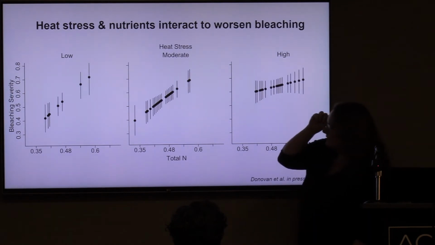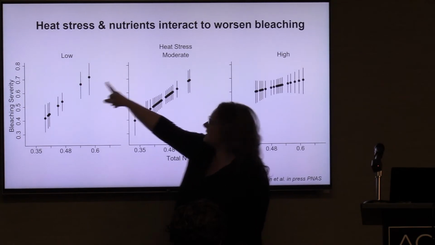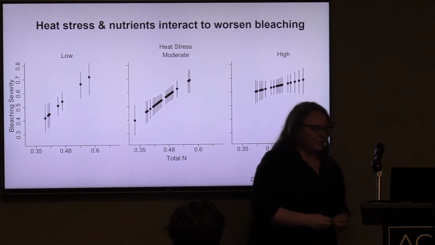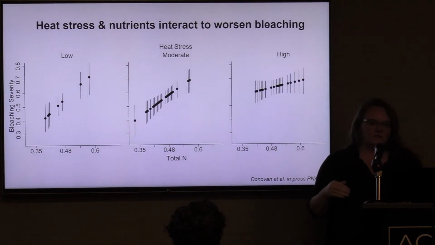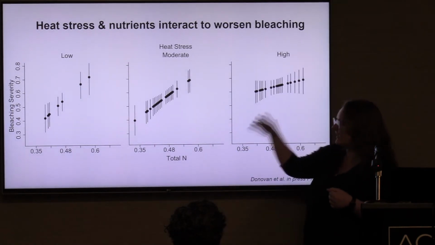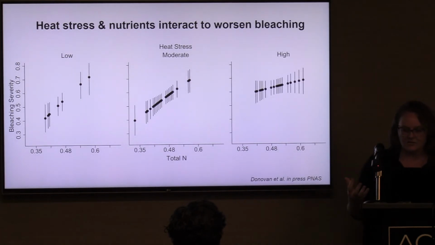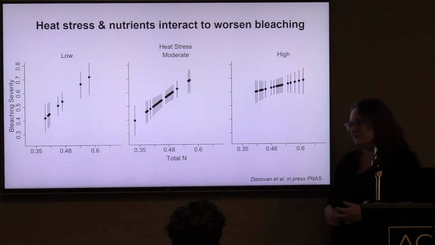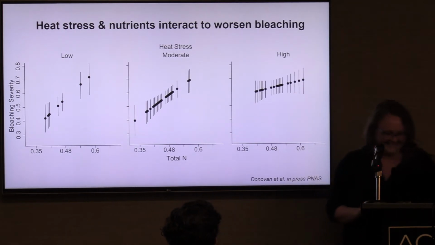What we didn't know is that at low temperatures, we could get just as bad bleaching at high nutrients. This is super important because effectively we're reducing the threshold at which bleaching occurs with a local human impact in light of this global human impact. And so that suggests that we need to both mitigate pollution at a local scale and climate change at a global scale to save coral reefs. So we better get to work.